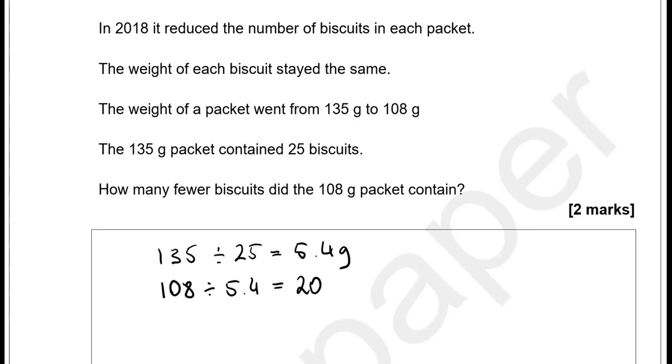So 20 biscuits in the 108-gram packet. And there were 25 in the 135-gram packet. So 25 take away 20, that is 5 biscuits fewer.